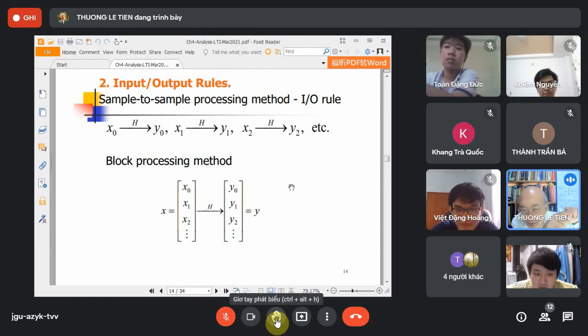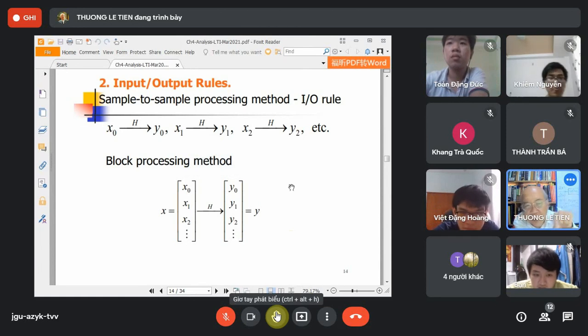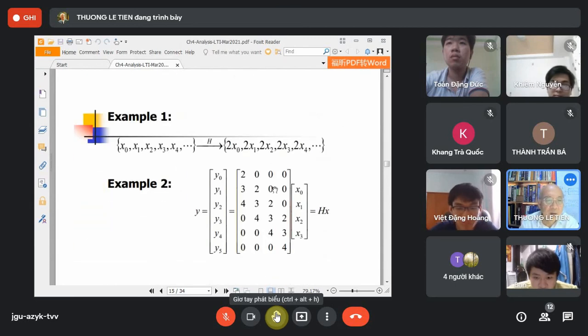But if the input samples are collected in blocks, and the system responds to each block every time, then we say the system uses block processing methods.